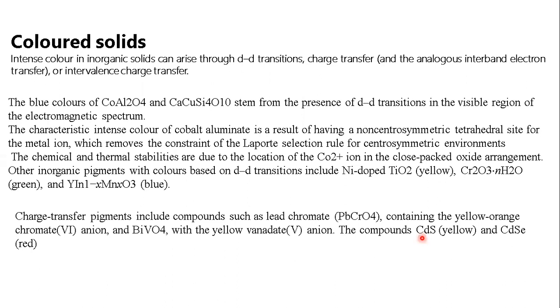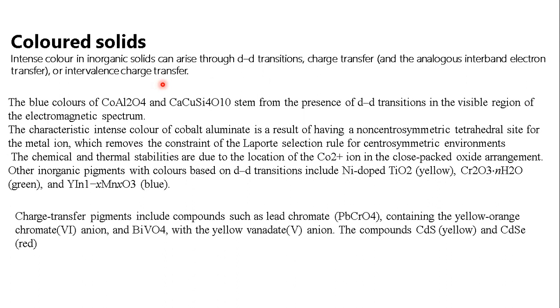So colored solids, this intense color of inorganic solids, can mainly occur because of two reasons that you have already read about. One is d-d transition, one is charge transfer transition. And another type is called intervalence charge transfer. So these three types of transition give rise to colored solids. You already know what d-d transition is.